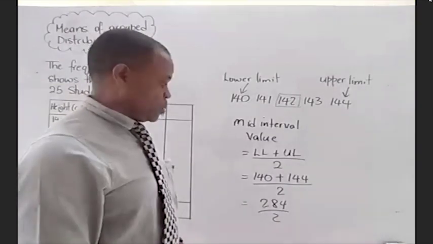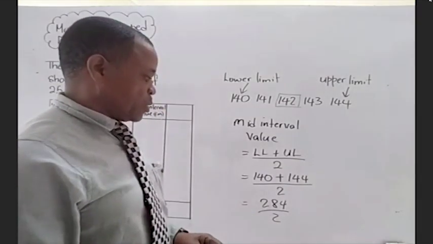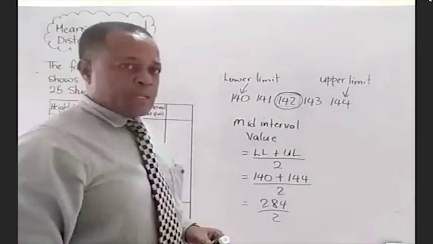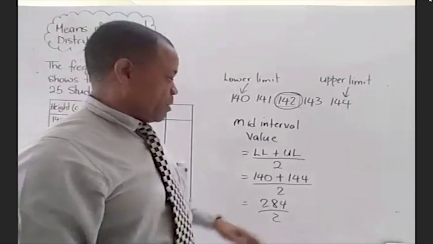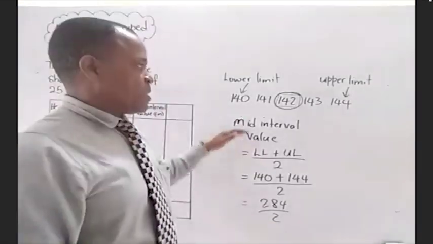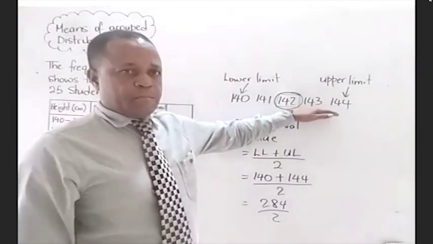284 divided by 2 would end up giving us 142. So there we have it. We can find our mid-interval value two ways. Now, this one is not recommended.